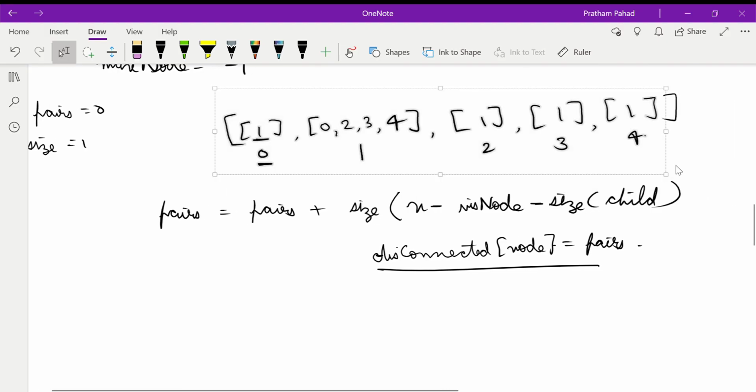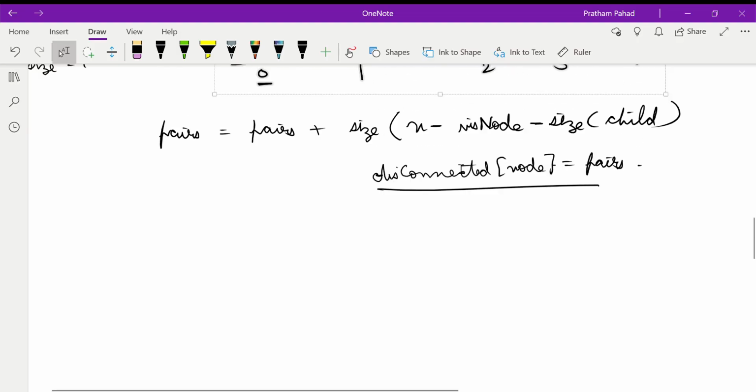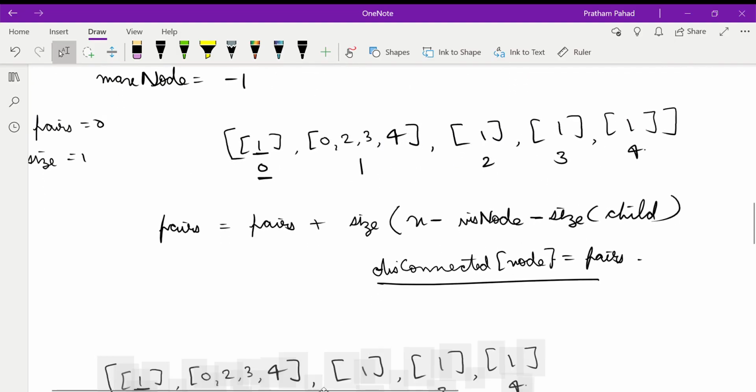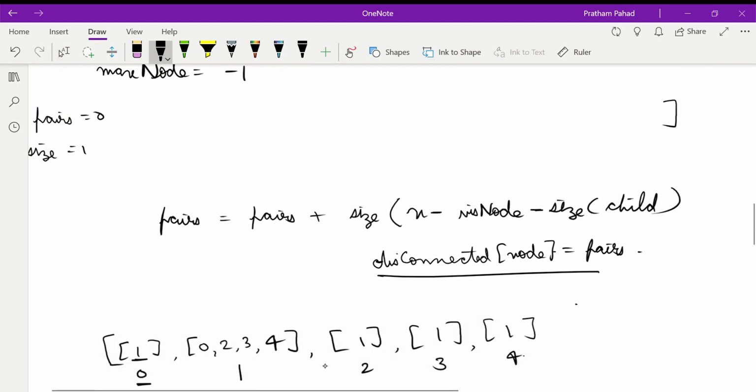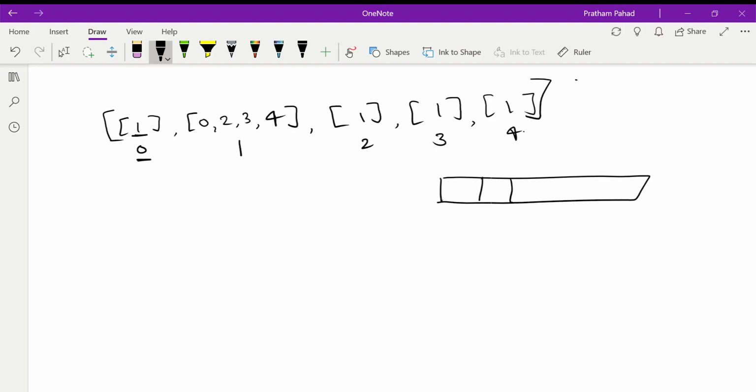This is our tree. This is our graph. We have a disconnected pairs array, and also a subtree array: 1, 4, 1, 1 and 1, for nodes 0, 1, 2, 3, 4.